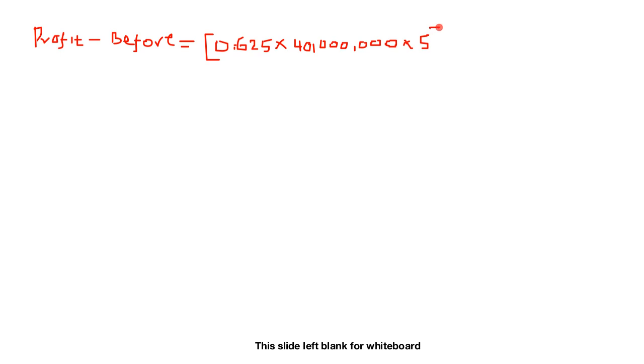So to get the total profit for the 40 million customers before advertising, we take the probability of that state, which is before advertising, times the total number of customers, which is 40 million, times 5, which is the profit margin per customer.